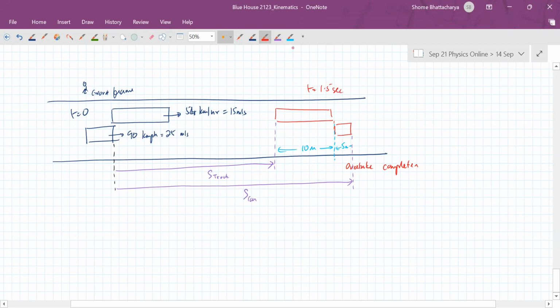This system is occupying how much of the road from the beginning to the end? It's occupying up to this point, starting from this point. So this is the total road length being utilized.